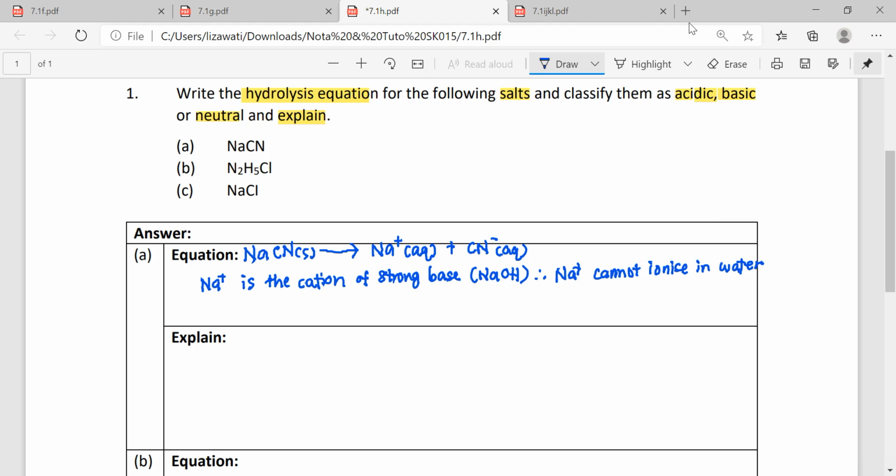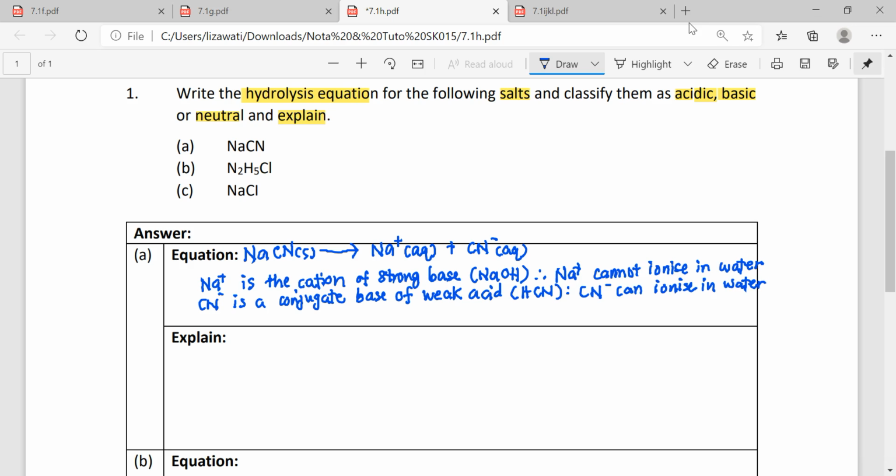Now we move to CN-. CN- here is the conjugate base of a weak acid, that is HCN. Because it came from a weak acid, CN- can ionize in water.